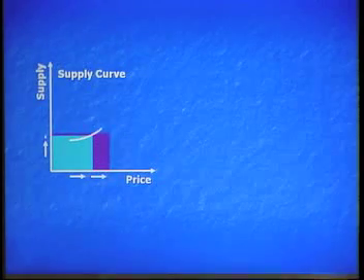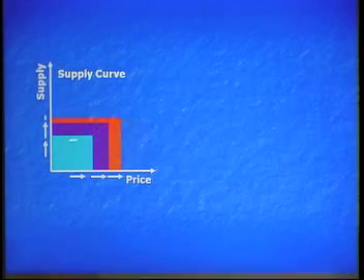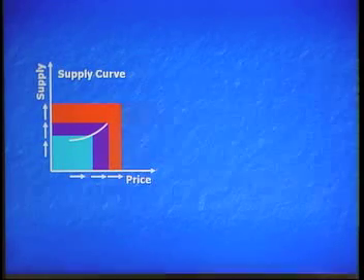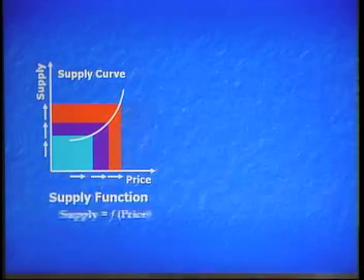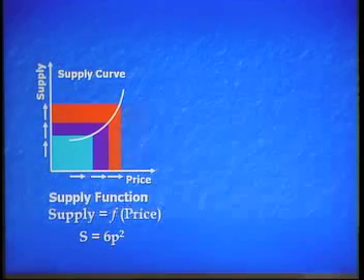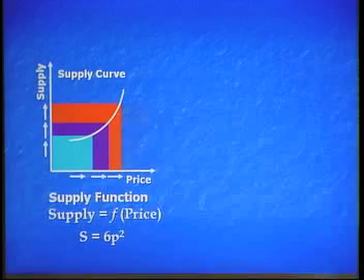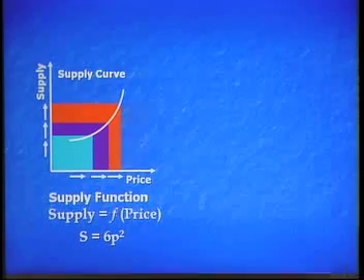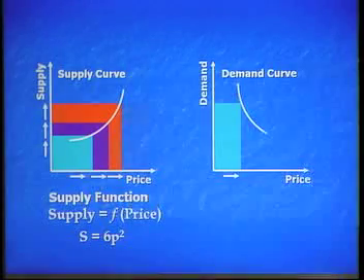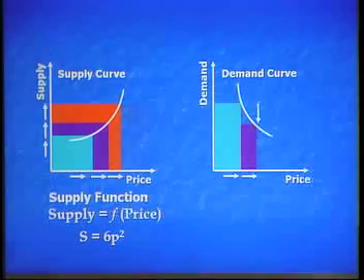When the price is increasing, the quantity of supply is also increasing, and the relationship is expressed by the supply function, where supply is a function of price, that is S is equal to 6P square. Similarly, the demand curve represents the relationship between price and quantity of demand.